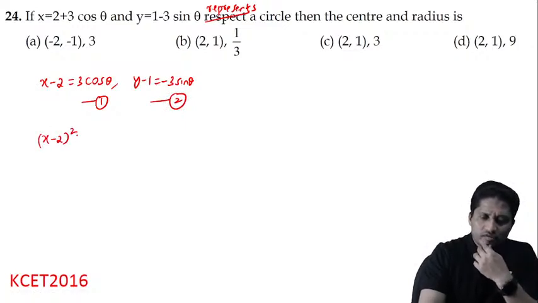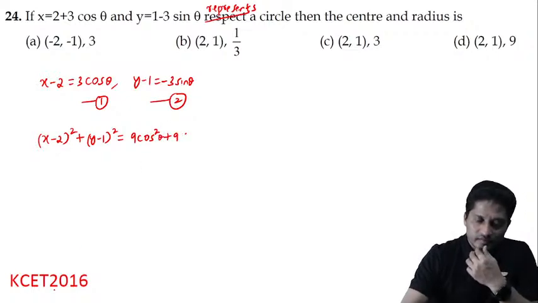x minus 2 the whole square plus y minus 1 the whole square is equal to 9 cos square theta plus 9 sin square theta.